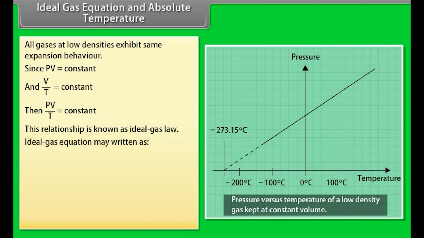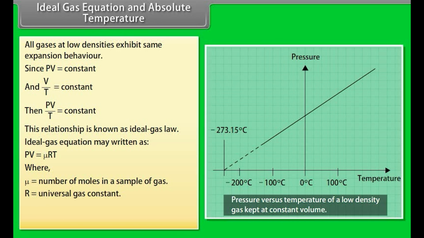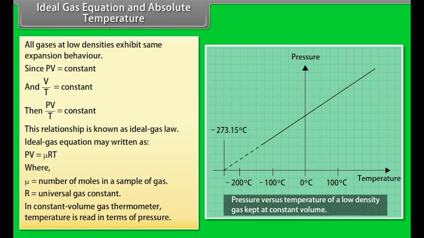Ideal gas equation may be written as PV is equal to mu RT, where mu is equal to number of moles in a sample of gas and R is equal to universal gas constant. In constant volume gas thermometer, temperature is read in terms of pressure.